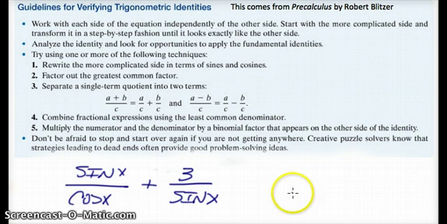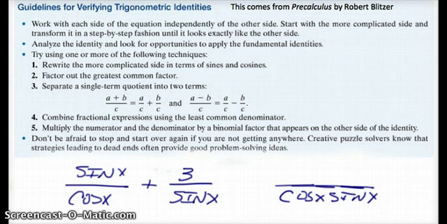The common denominator is going to be cosine x sine x. Okay. Now remember how I did this. You're going to have to multiply the top by sine x, that's sine squared x. And then you're going to have to multiply this by cosine x. Now that didn't give me a big revelation there, but that is a step that you need to be able to do in working with trig identities.